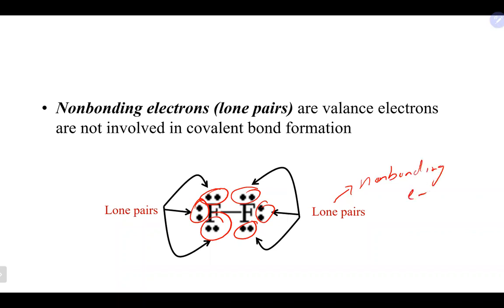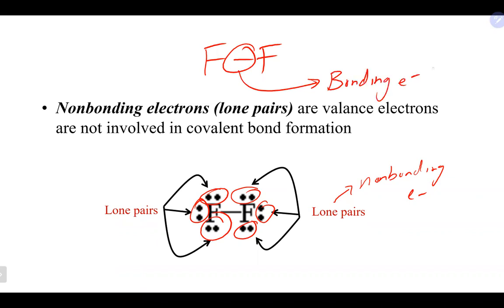So non-bonding electrons and lone pairs are basically the same thing. They are electrons that are not involved in any type of bond. In the middle, where we do have electrons that are involved in bonding, they also have a creative name. They are known as bonding electrons. So bonding electrons, much like the name implies, are involved in a bond.